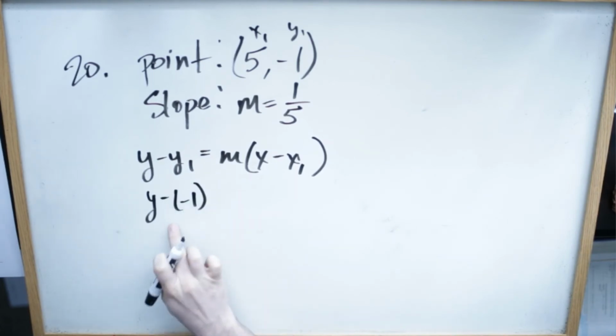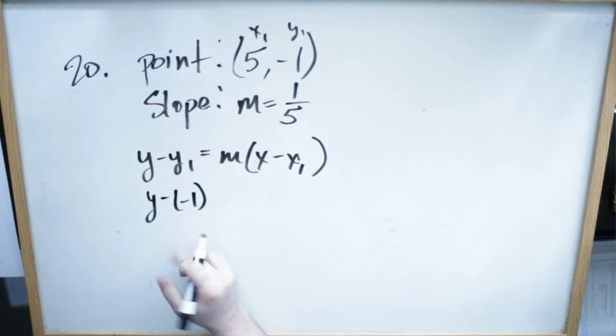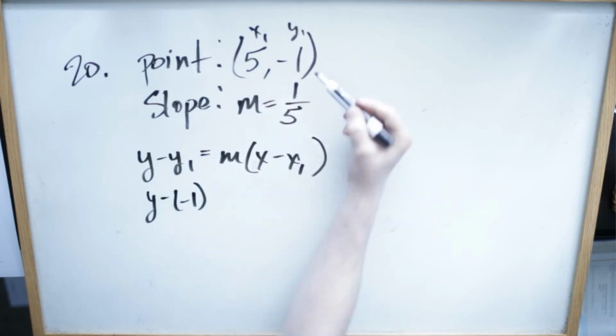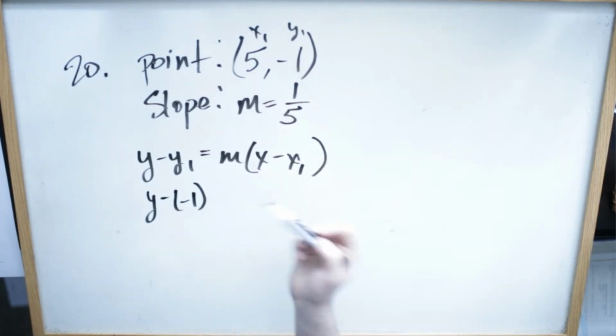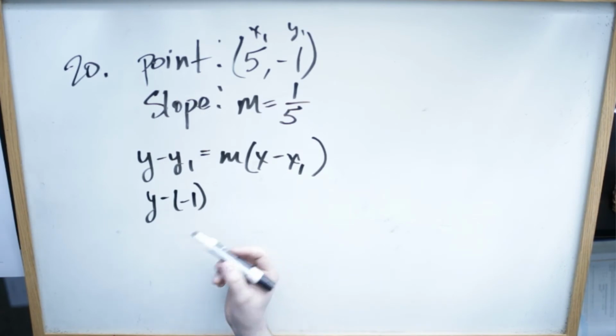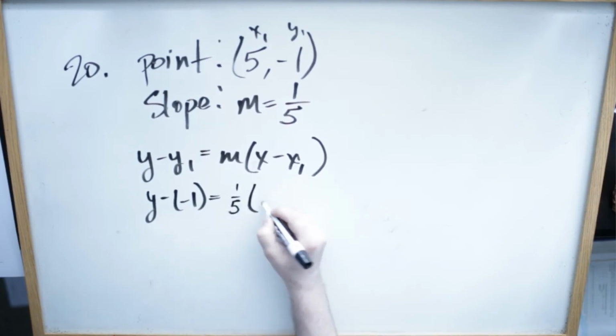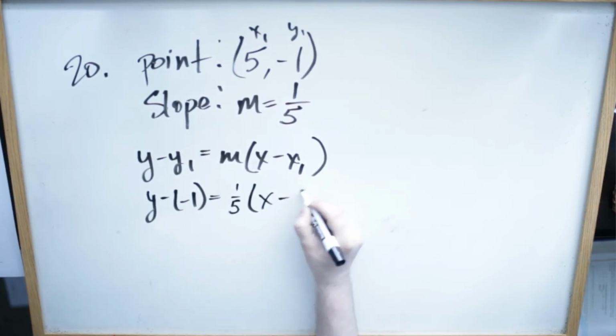So remember, this is a minus 1. We're subtracting the value of that y1, right? Some of you are probably going to say, oh, it's a minus 1, so y minus 1. Well, that's actually not the case. It's y minus a minus 1. So here we have m, which is 1/5, times (x minus x1), which is 5.